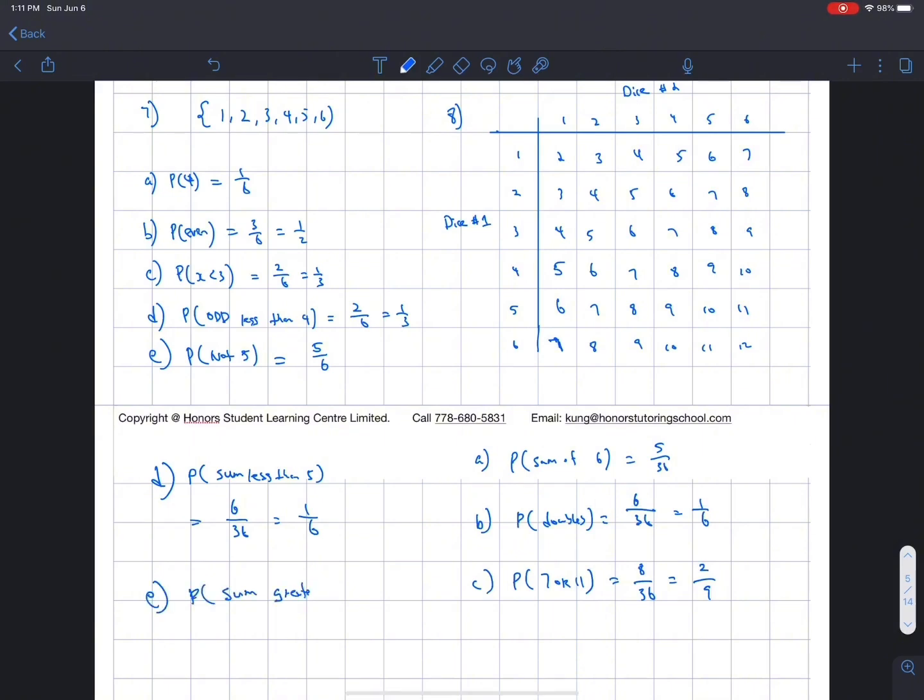Then, greater than or equal to 9. So it will be these ones. We have 6 plus 4 is 10, so that's 10 out of 36. We can divide both by 2 to get 5 out of 18. And that's it for question 8.